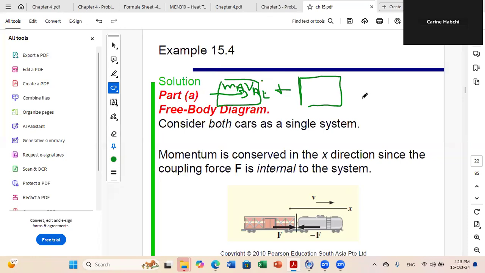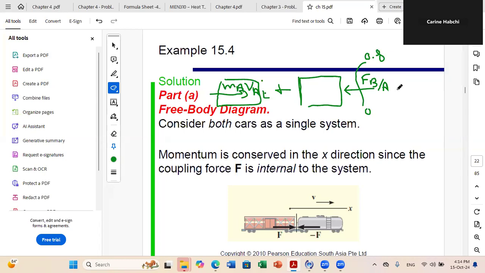In X direction, the only force doing impulse is the action of B on A. So it's F of B on A. And since they asked for an average force, the impulse of the force is integral F from 0 to 0.8 seconds dt, okay?